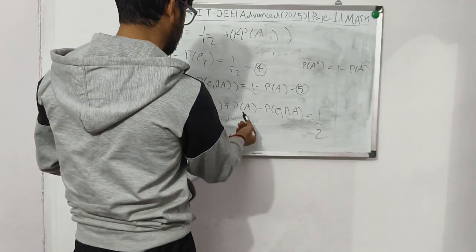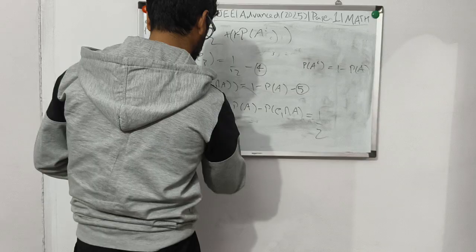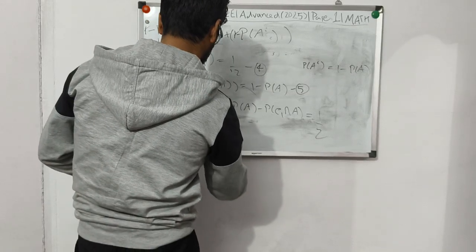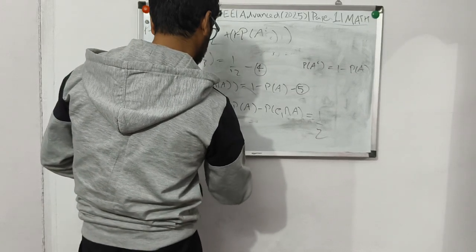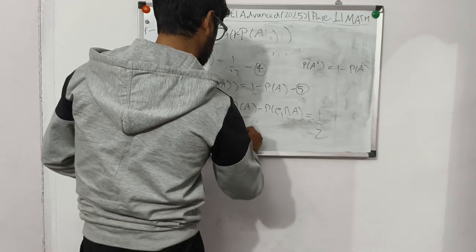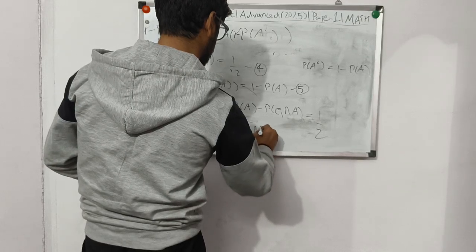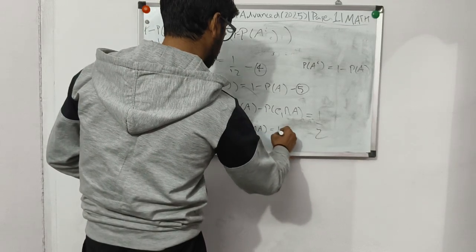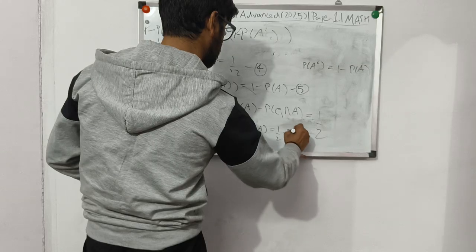We will take this to the other side, and we get P(E1) minus P(E1 intersect A) equals half minus P(A).